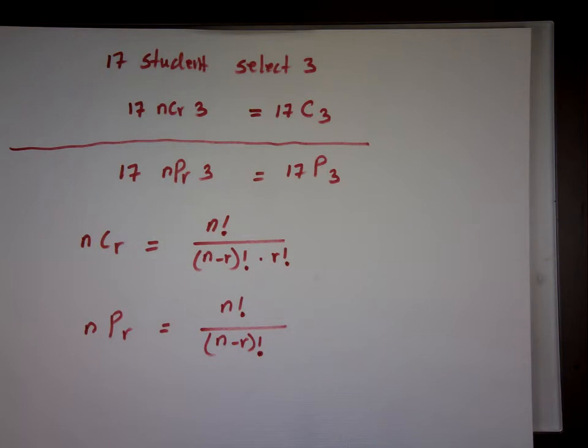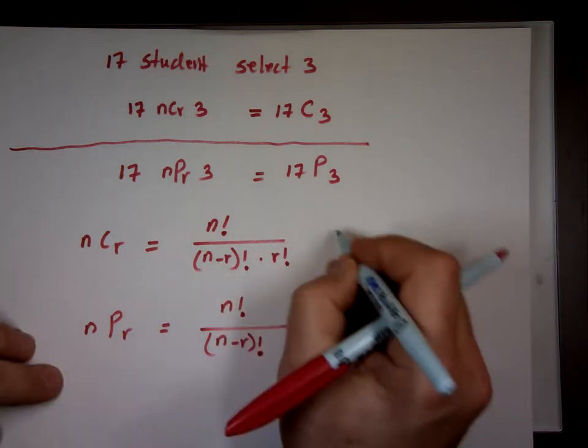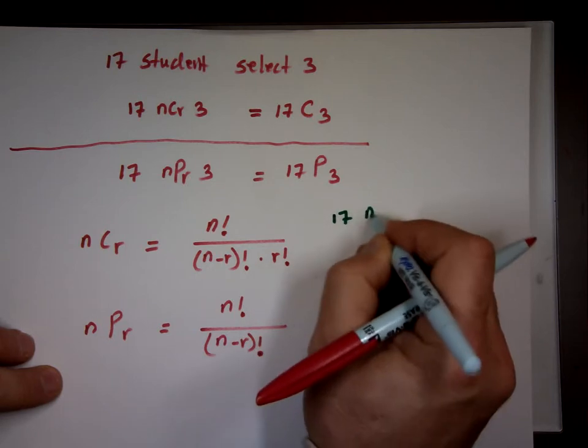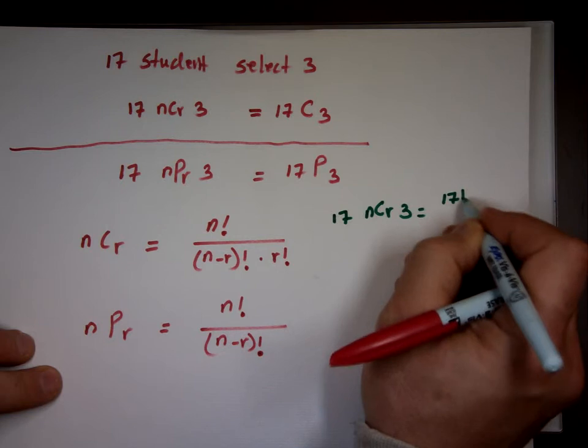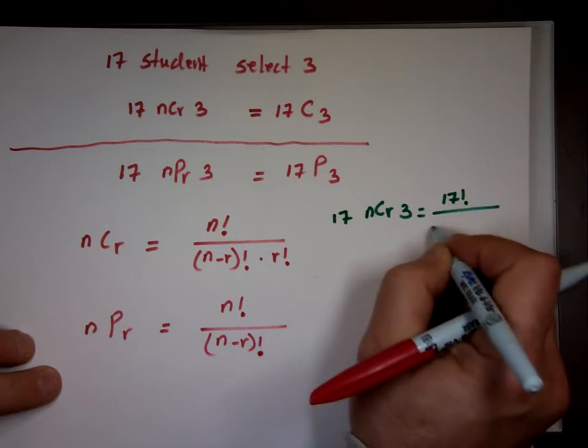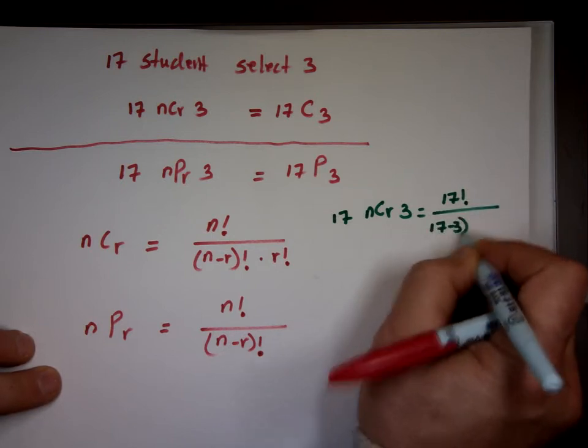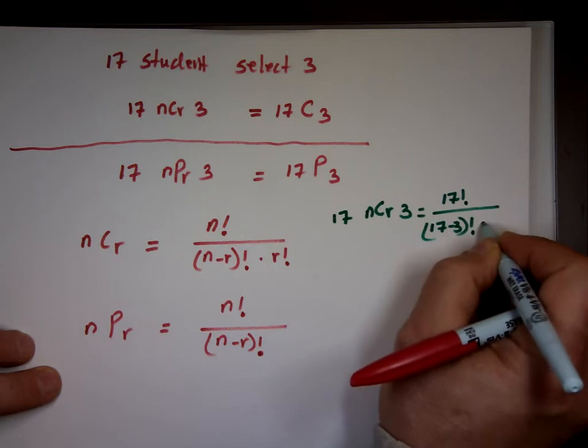So let's look at the first one, the 17 people, where we're going to select 3 people to go see the concert, sitting next to each other. 17 nCr 3 will be 17 factorial over 17 minus 3 factorial times 3 factorial.